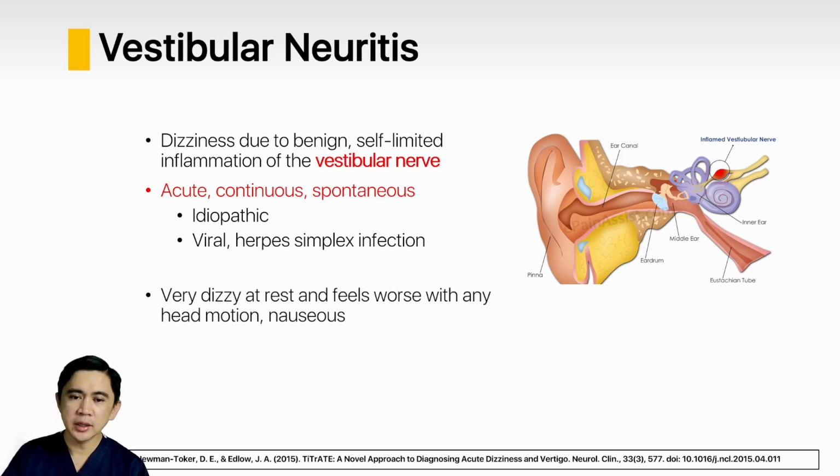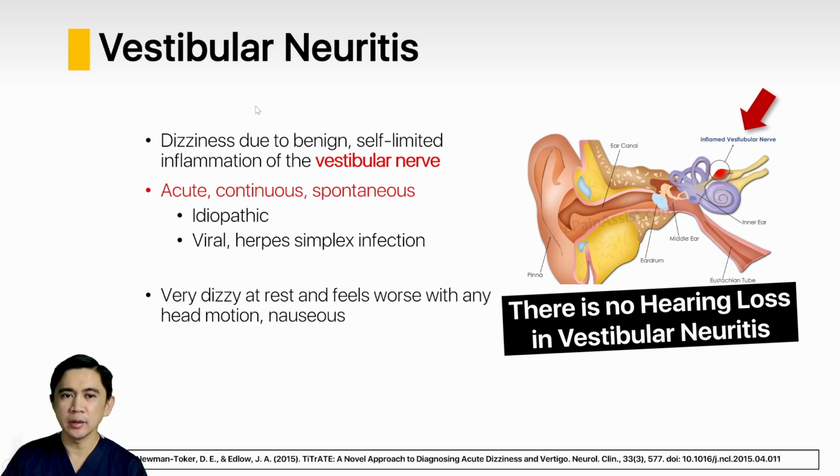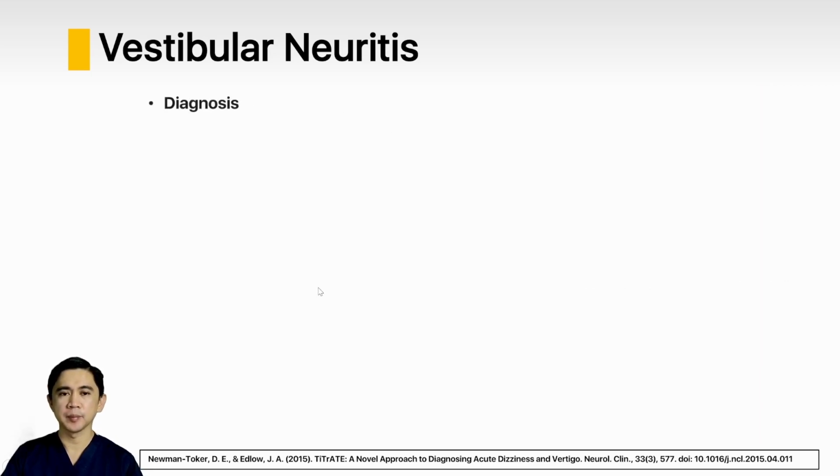Patients feel very dizzy at rest and feel worse with any head motion, and they are usually nauseous. Take note here that the nerve that is inflamed is the vestibular nerve, the one that is receiving inputs from the vestibular system, and the cochlear nerve is not inflamed. So therefore, there is no hearing loss in vestibular neuritis.